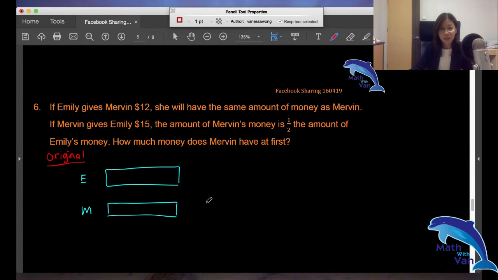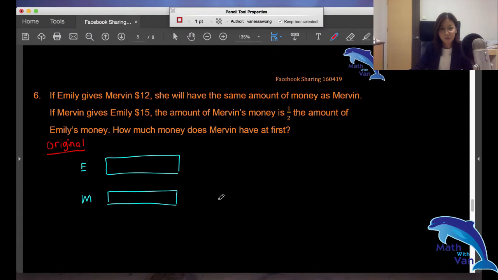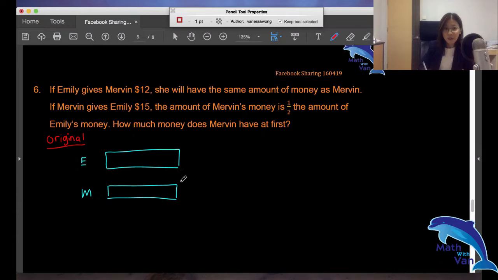So Emily did not give to Mervyn, so I have to give $12 back to Emily, right? And then I need to take away the $12 from Mervyn. So here is the 12.